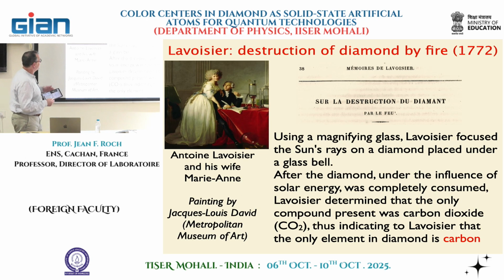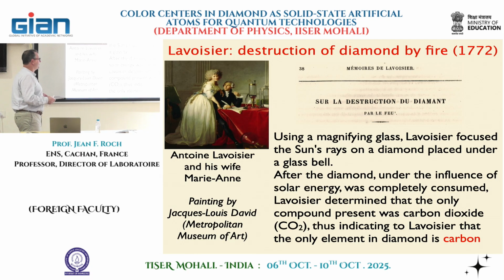So, okay, perhaps a historical point of view. Let's start with diamond. Diamond is, of course, very well known for a long, long time. But the first interest in diamond from a scientific point of view is actually the work of Lavoisier. And Antoine Lavoisier was a chemist in France before the French Revolution.